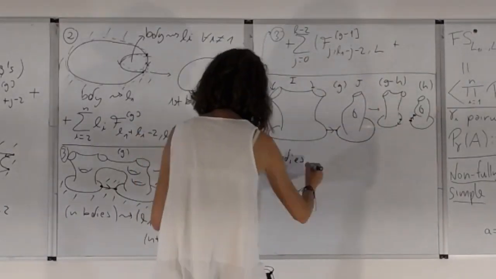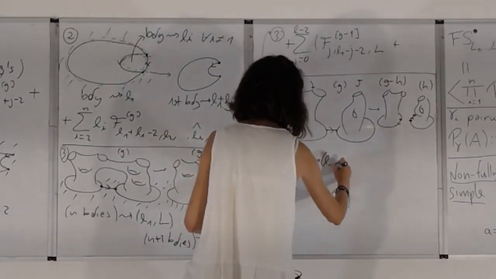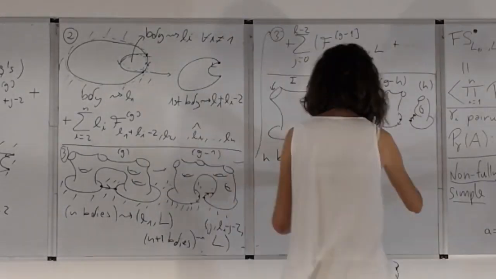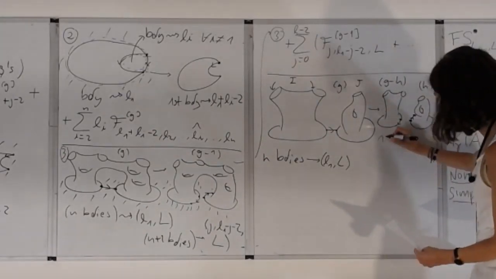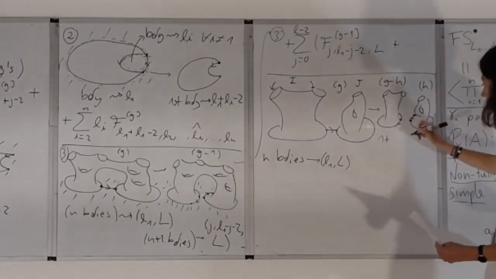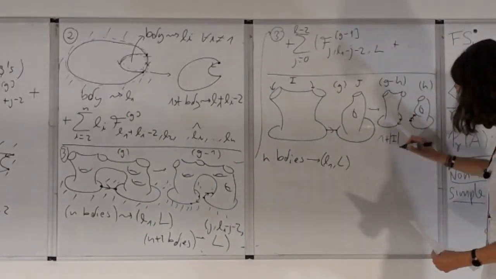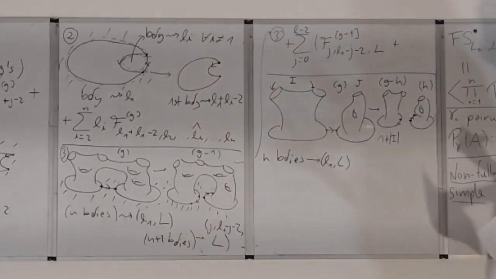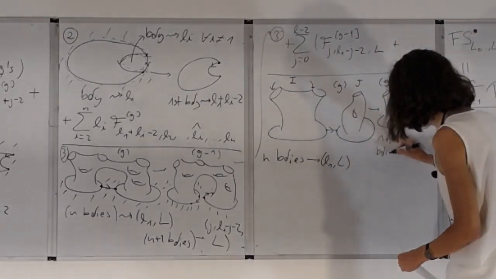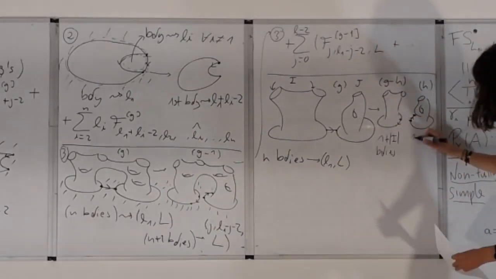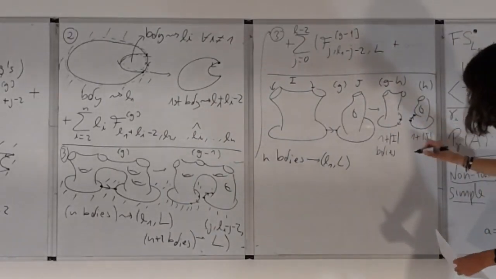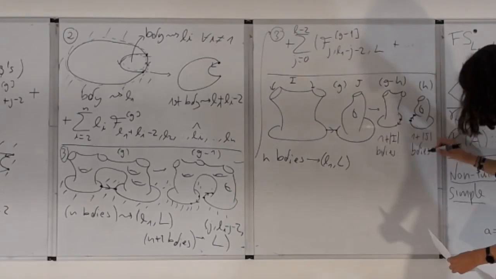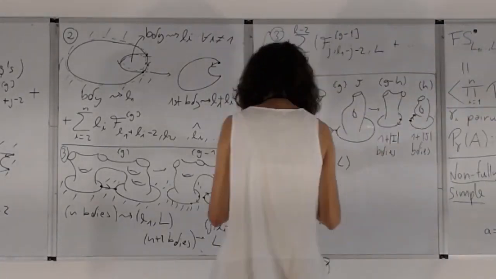Then this one has n boundaries of length L1 and the set L. And this one has 1 because of this one, plus the cardinality of I boundaries. And this one has 1 plus the cardinality of J boundaries. That's it.